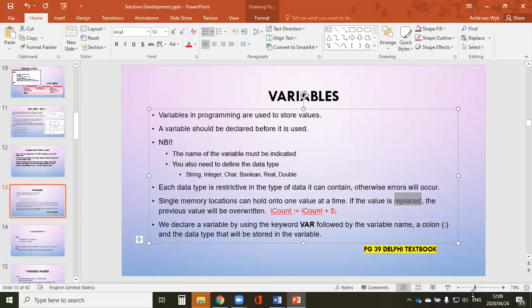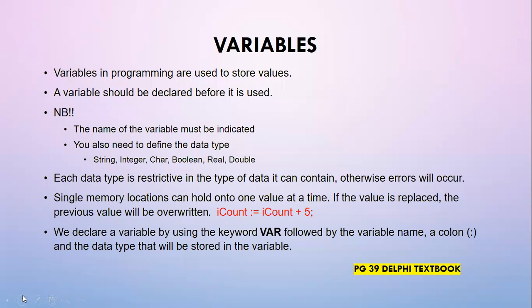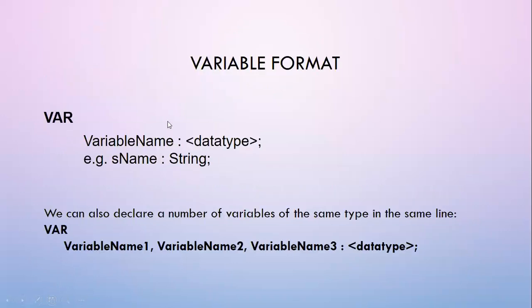Okay, so let us carry on here. Declaring my variables. Under my procedure, I'm going to enter the word var. And over here, I'm going to declare all the variables needed in that procedure.